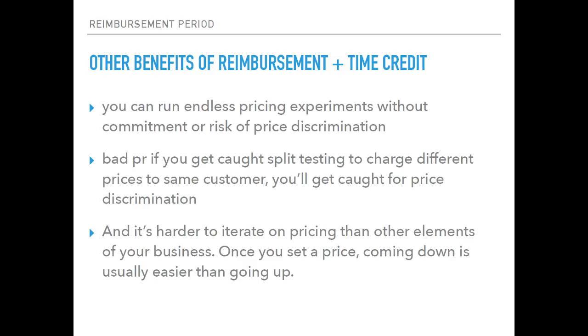And this is very important because Amazon and many other companies have done multiple pricing experiments, and when they get caught split testing to charge different prices, it's terrible PR, and a hassle you don't want to deal with, especially if you're a startup trying to grow. Then boom, you're hit with bad PR that you're charging different people, you're messing with your users.